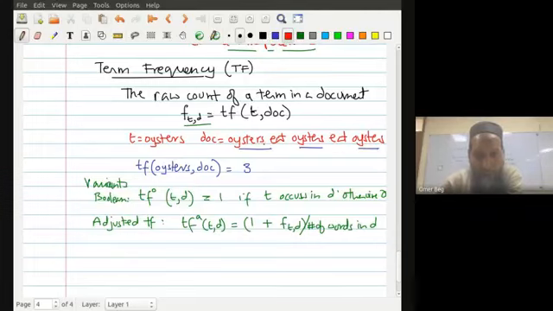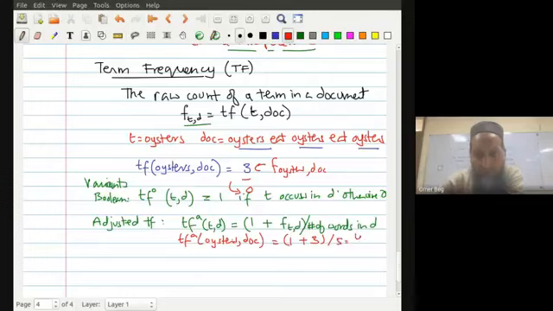For example, in this case, the Boolean TF for oysters would be 1, and the adjusted TF for oysters in this document would be 1 plus 3, so this is your f of oysters in the document, 3, divided by the total number of words in d, which is 1, 2, 3, 4, 5.